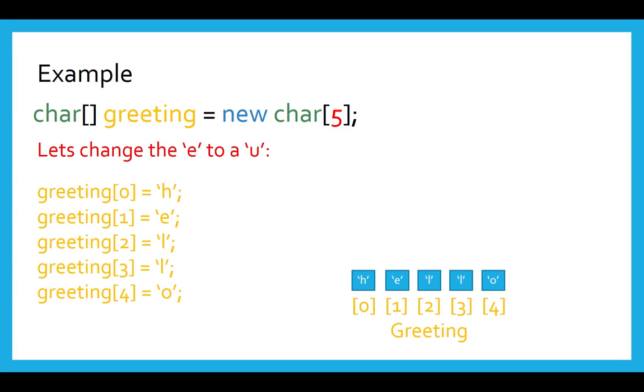So what if we want to change the E in hello to a U? What slot number do you think holds the value E? Well, you would think it is in slot 2, since you would count H, which is 1, and then E, which is 2. However, since we start from 0, not 1, the E is actually in slot 1.